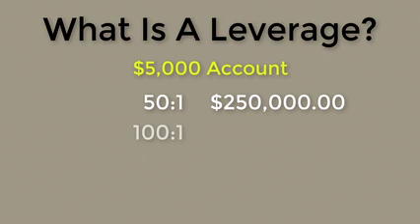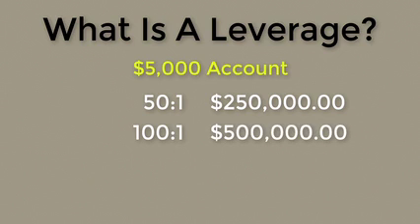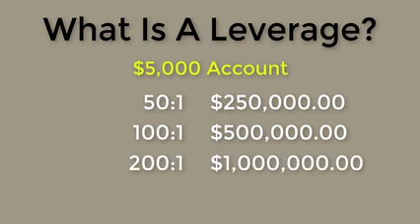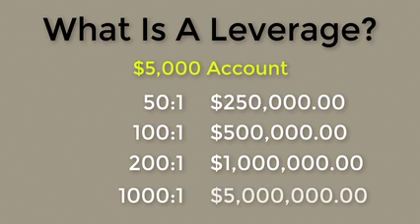So if you have 100-to-1 leverage on that same $5,000 account, you'd have $500,000 to trade. If you had 200-to-1 leverage, you can do the math, right? You'd have $1 million to trade. And then some of these international brokers, they give you 1,000-to-1, you'd have $5 million to trade. So this is why brokers advertise higher leverage amounts, because it gives you more freedom to trade.